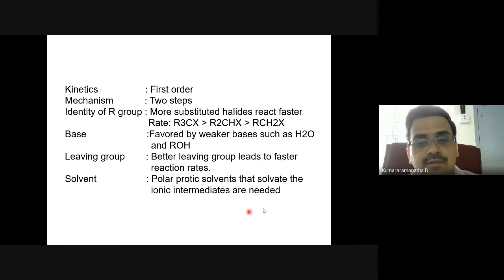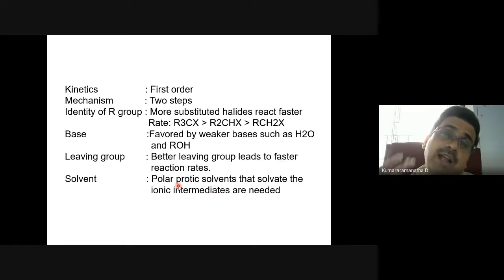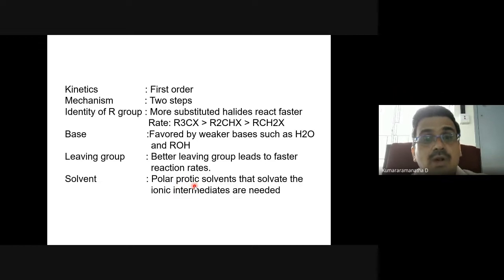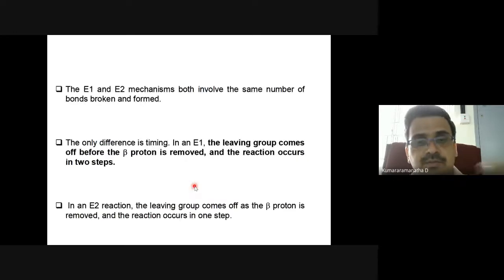And here, in contrast to that of E2 mechanism, you should have polar protic solvents and ionic intermediates, which will stabilize the transition state. So you see how interesting, even though we take one example similar, how we can lead into different products just by base selection, we can go for E1 or E2.